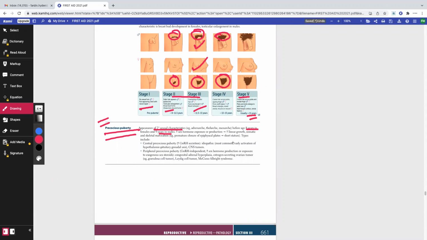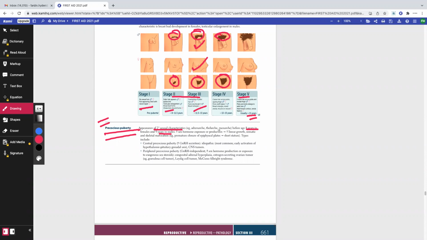If it's pathological, then we are thinking that there's an excessive release of testosterone or estrogen. For example, if we have a pituitary tumor, is there a possibility that we can have early secretion of excessive testosterone? The answer is yes, right? Or if we have Sertoli and Leydig cell tumor, can we get excessive secretion of the sex hormones? Yes or no? The answer is yes. Okay, so that's that.